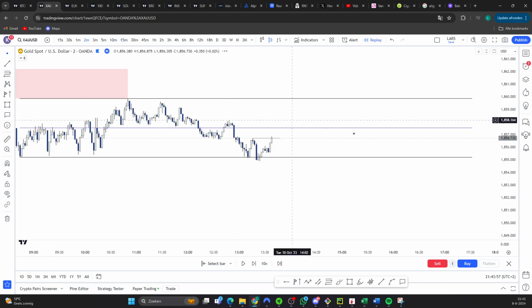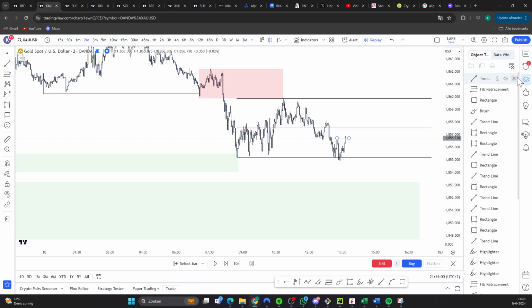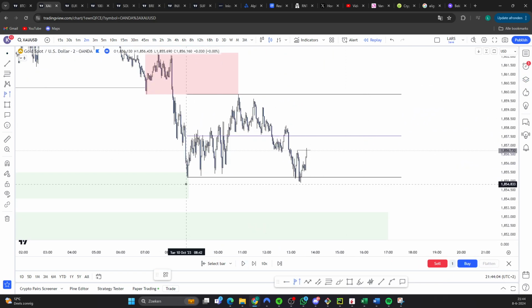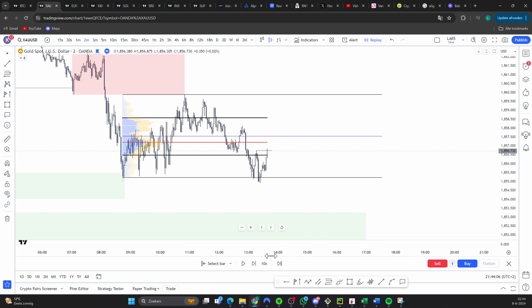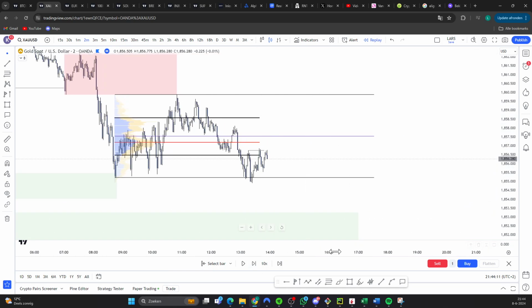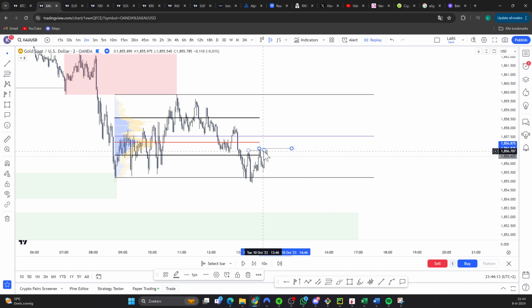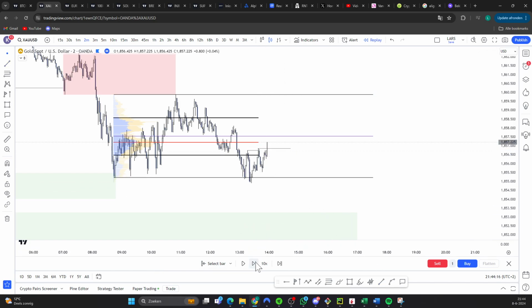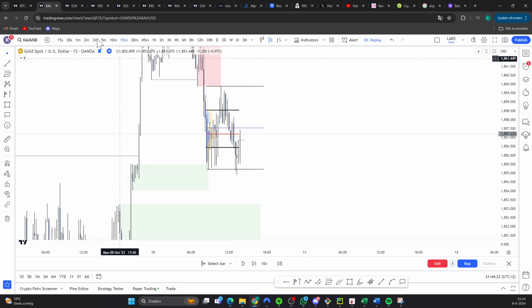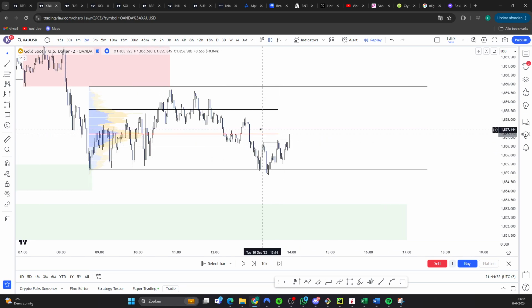It's actually forming a pretty nice low. Nice SFPs here. Nice return to zone.